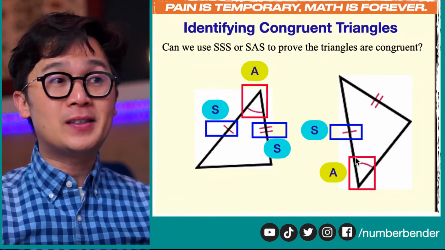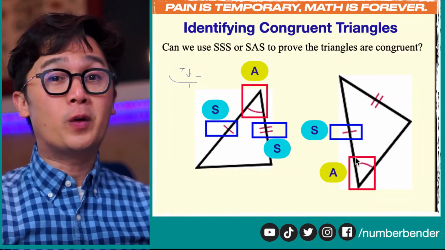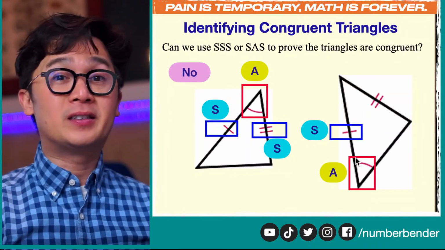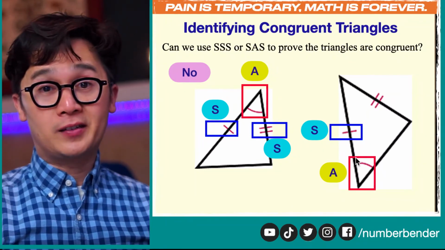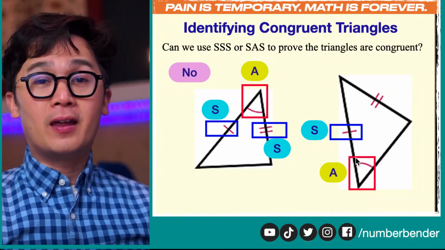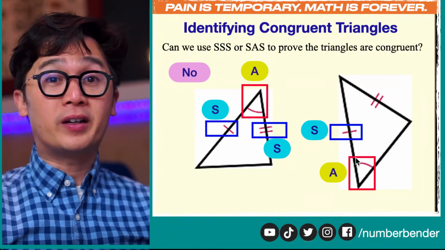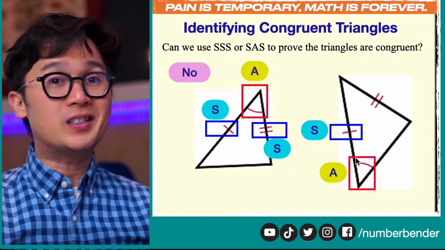And with this, we cannot say that triangle 1 is congruent to triangle 2 because we cannot use the SAS postulate in this particular triangle. So this is why it's important that you recognize the included parts of our given triangle to be able to identify the postulates that would work for its congruency.